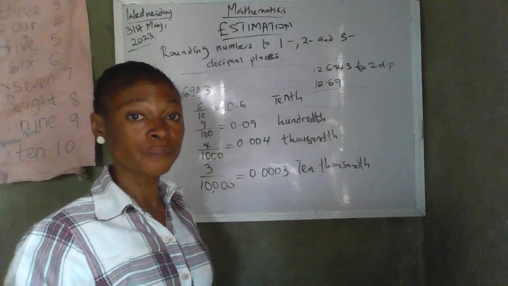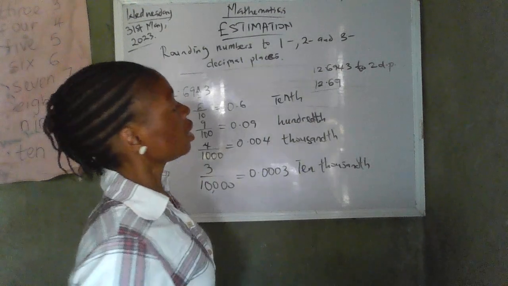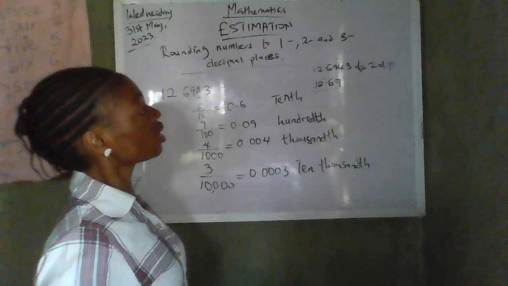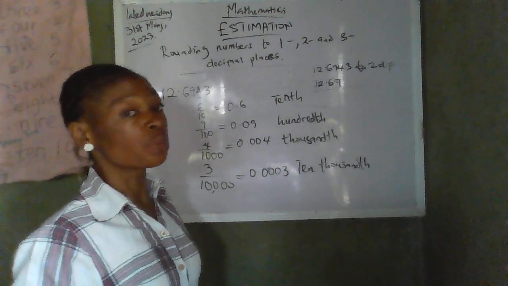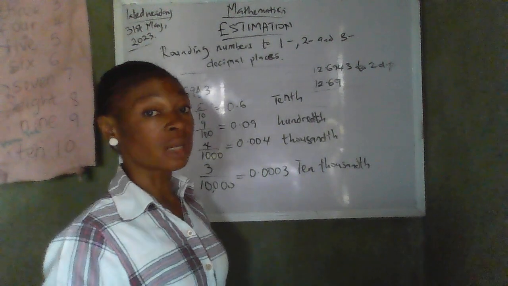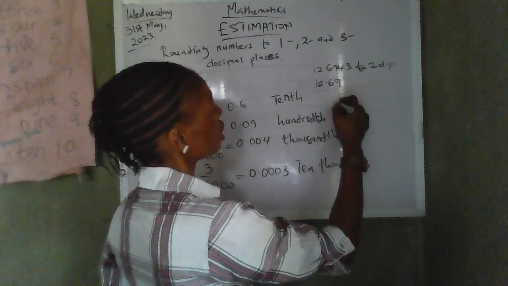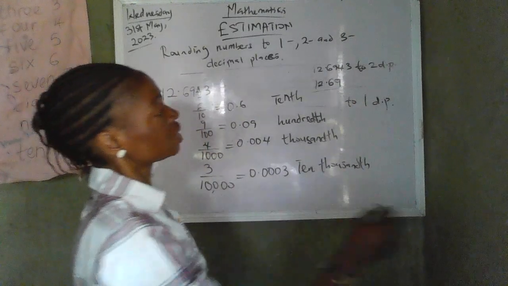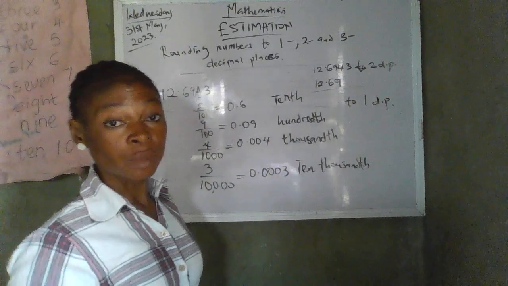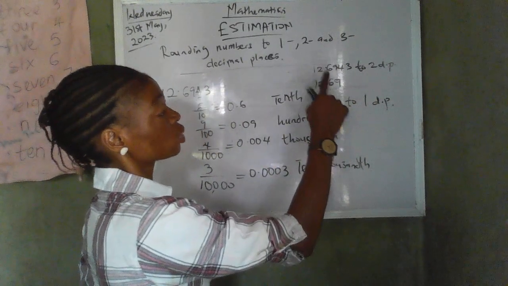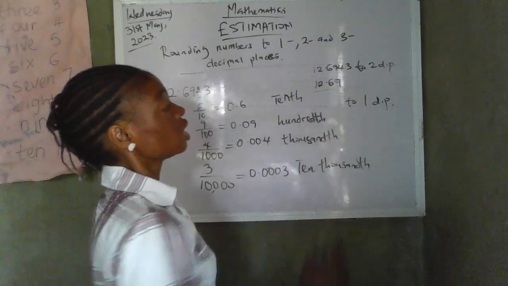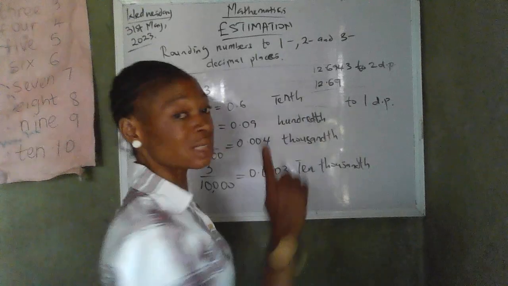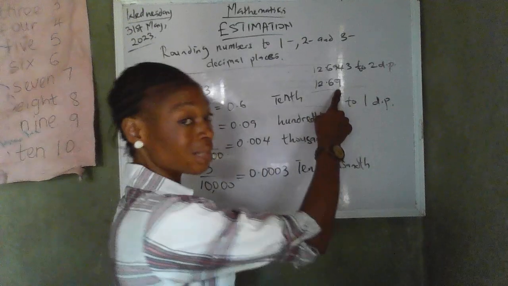Are you with me? Okay, now still on 12.6943, we want to round it to 1 decimal place. Now rounding to 1 decimal place, that is just 1 place after the decimal point. We have 6 which holds that position. Then the number which will decide the value that will remain after that decimal place will be 9. That is the decider.